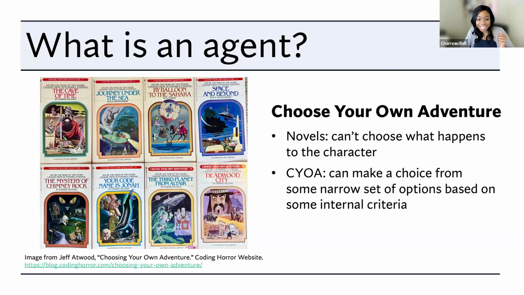Oh, yes, yes. So with these books, basically you would start reading, right? And you would get to some point where the book would describe the current scenario, because you're reading like a regular book. Then you get to a decision point where the author has allowed you to make choice A or maybe choice B, maybe even choice C. Instead of regular novels, where you're just following along with what the character is doing, you're able to insert yourself in the book and have control over where you want the story to end.